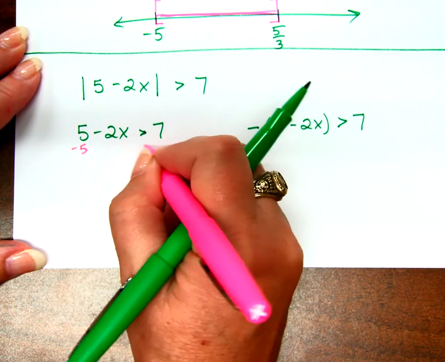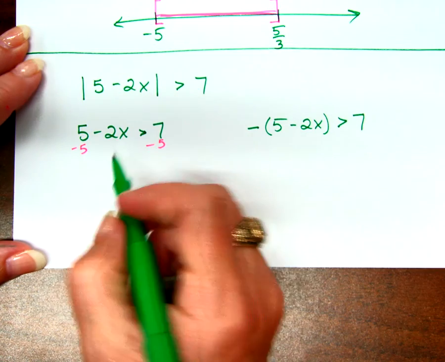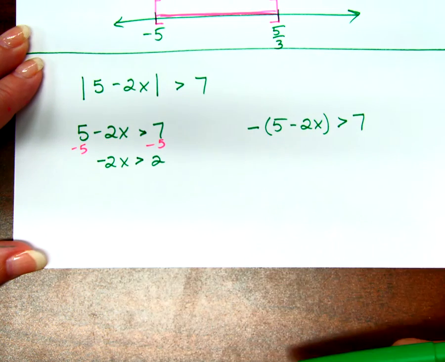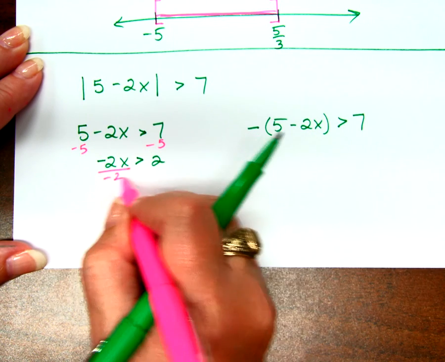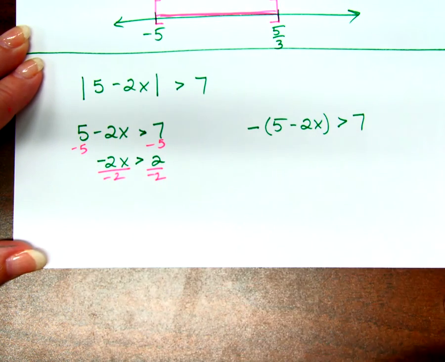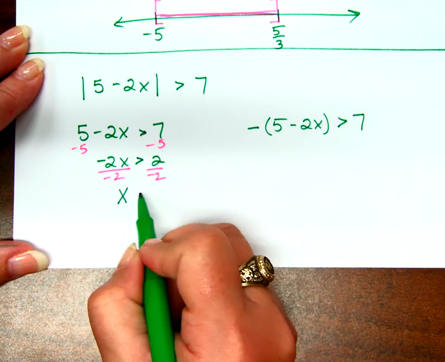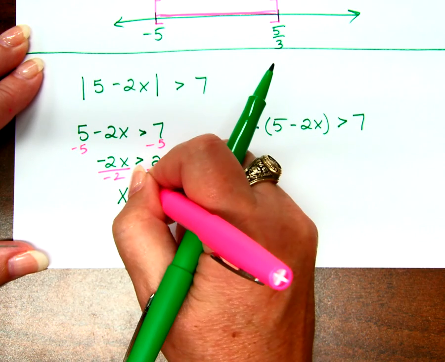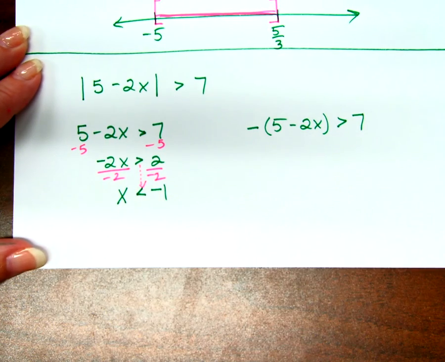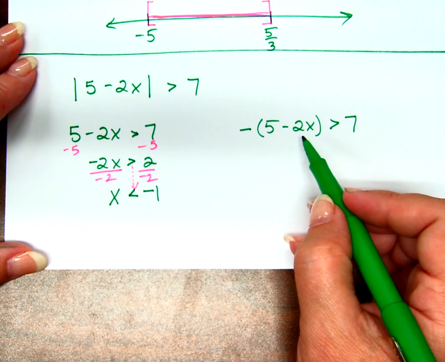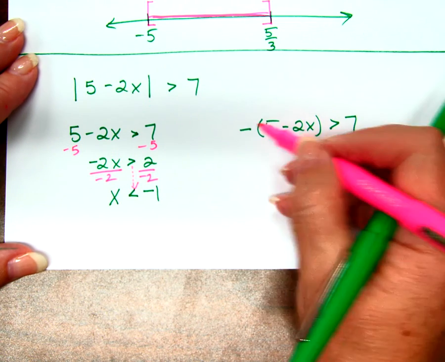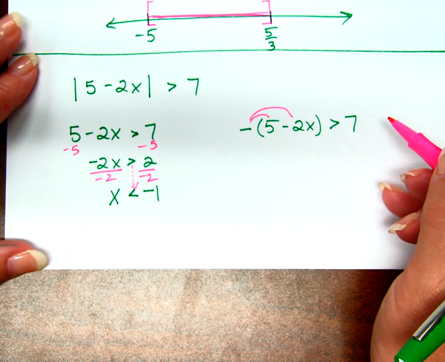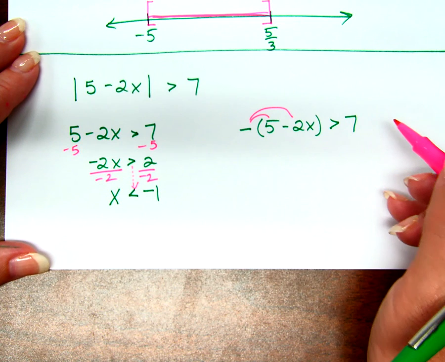So subtract 5 from both sides. Negative 2x is greater than 2. If I'm dividing both sides by negative 2, x is less than negative 1, right? Flip the inequality sign. Over here, what do you want to do first? Distribute. Do you have to distribute first? No. You can divide both sides by negative 1 first if you want to, right?